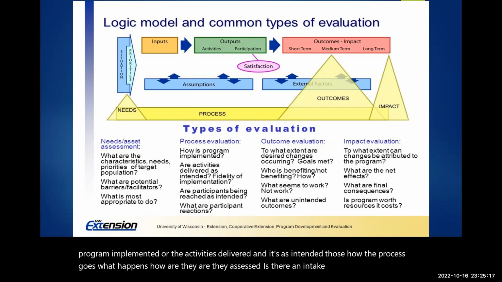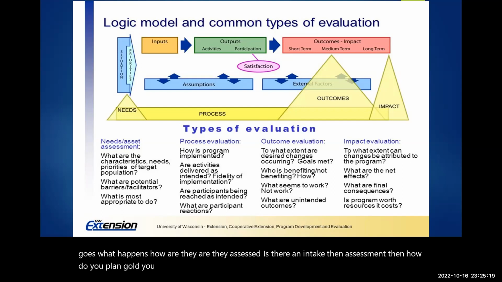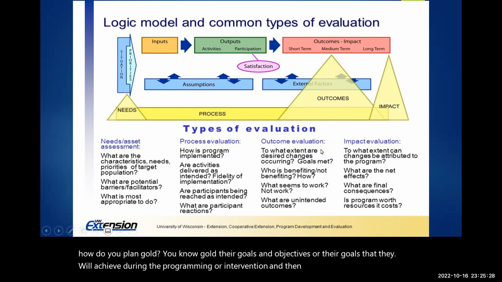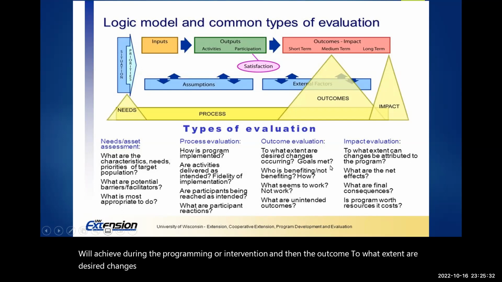Then how do you plan their goals and objectives, the goals that they will achieve during the programming or intervention. And then the outcome: to what extent are desired changes occurring, or are the goals met? And then impact evaluation: to what extent can changes be attributed to the program itself?